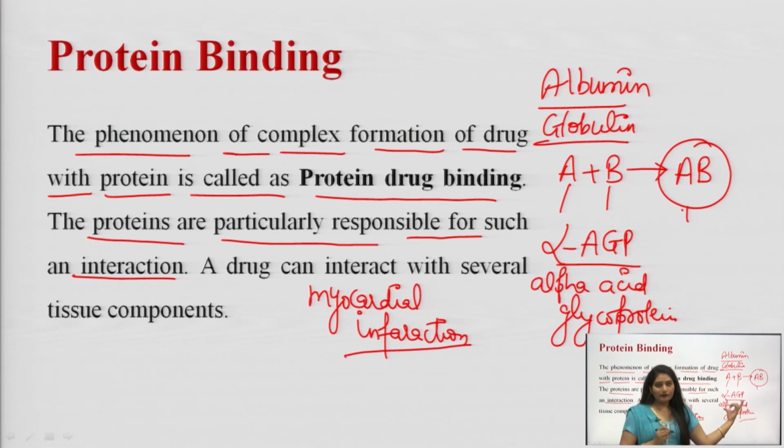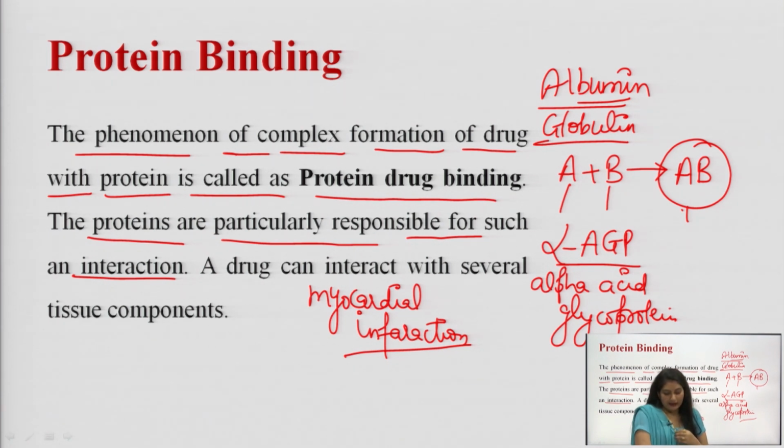Albumin binds to acidic drugs as well as basic drugs. Two types of drugs, acidic and basic. Albumin protein binds to acidic as well as basic drugs.